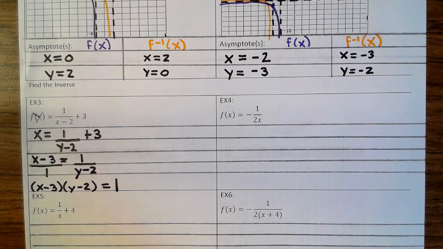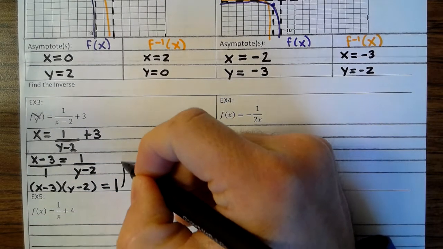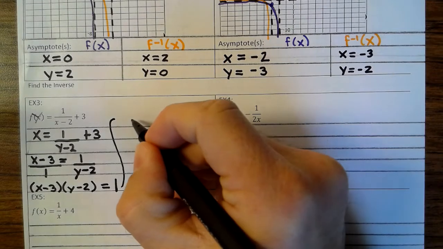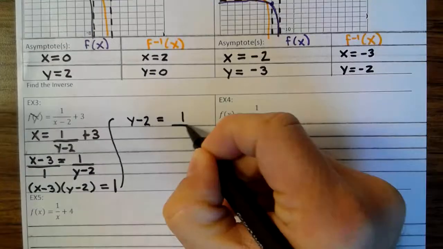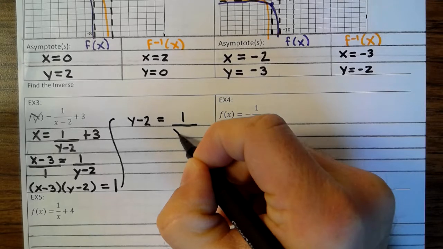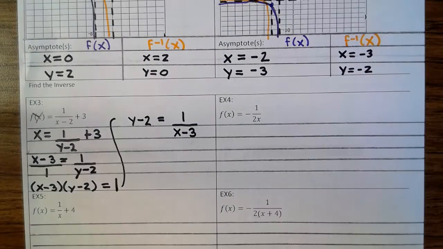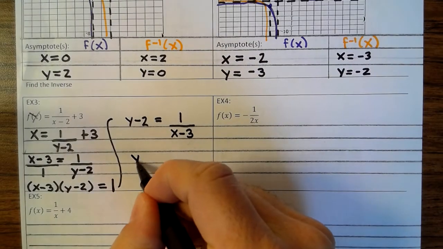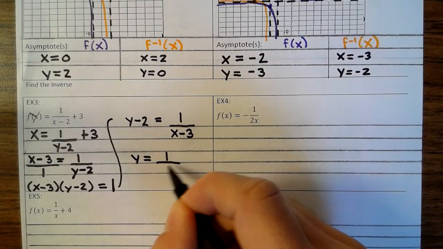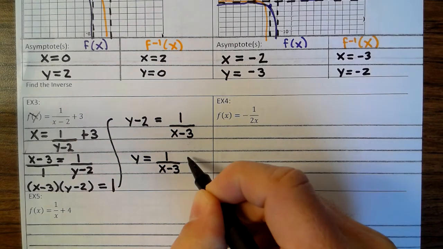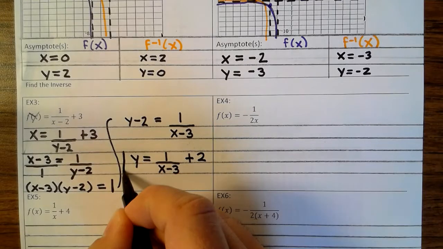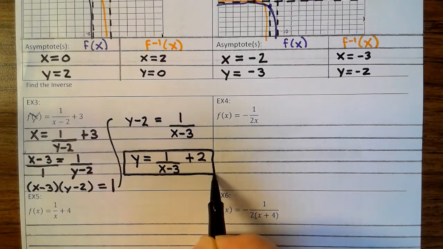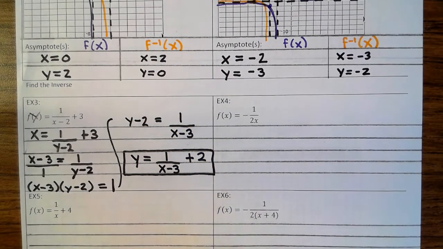So then you have y minus 2 equals 1 divided by x minus 3. And then add 2 to both sides. So y equals 1 divided by x minus 3, plus 2. Okay, go ahead and finish up example 3.